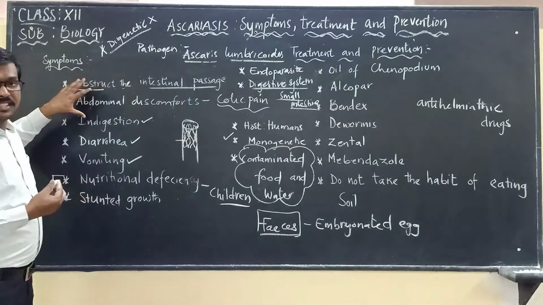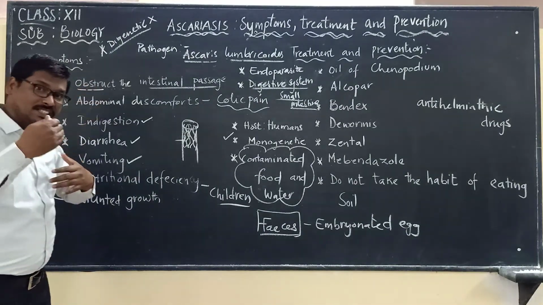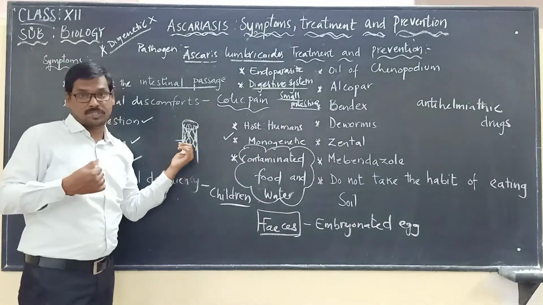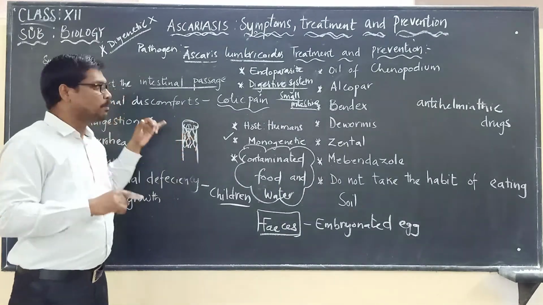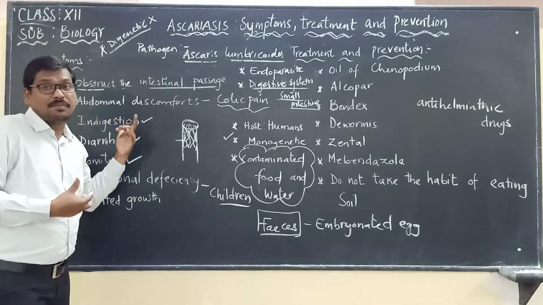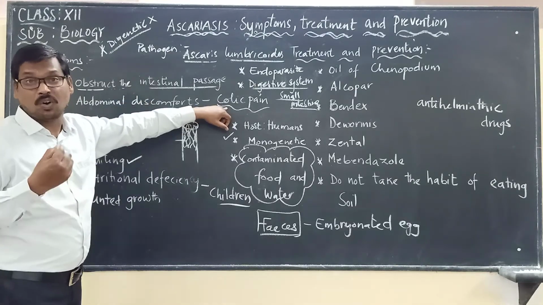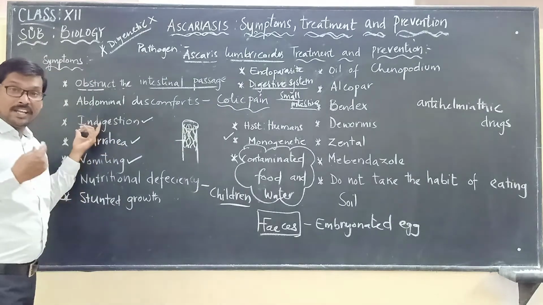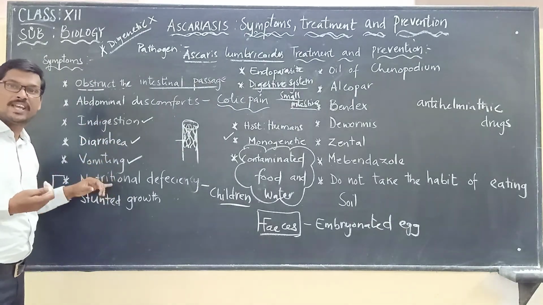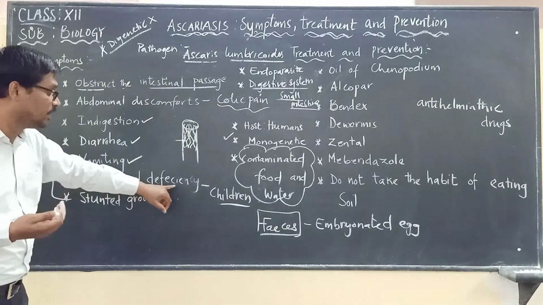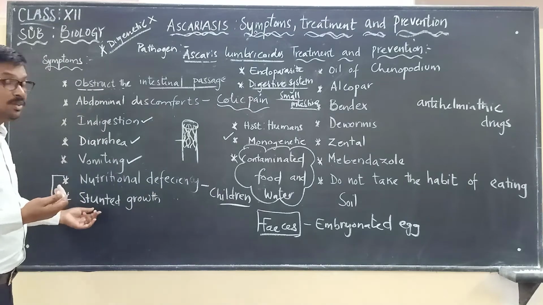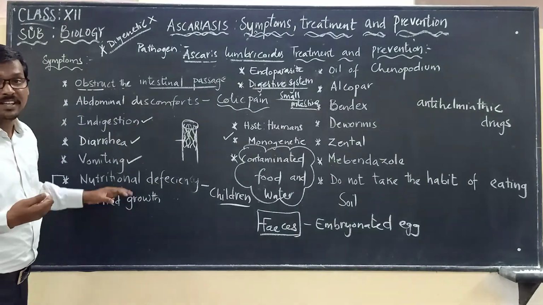When the disease becomes severe, there will be many adult worms, male and female, obstructing the intestine, and that's why there will be severe discomfort, which we call colic pain. It leads to indigestion, diarrhea, vomiting, and in severe cases nutritional deficiency in children, and it can also lead to stunted growth.